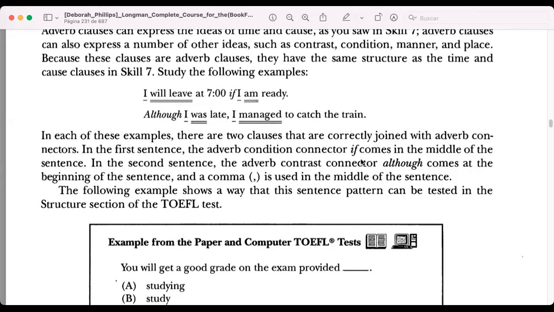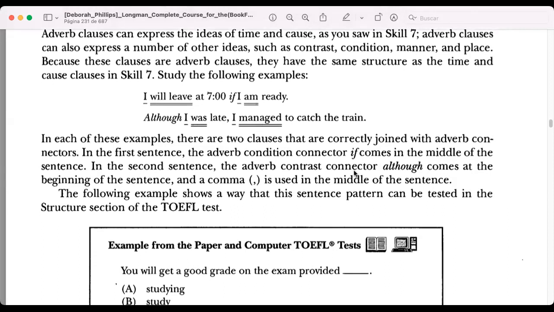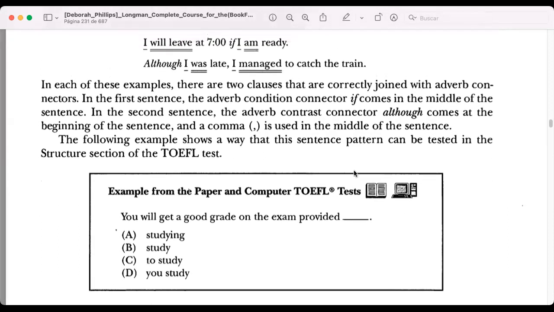As you can see, it's the same idea. We continue with the connectors, other connectors. And let me tell you one thing. We must recognize that this is about contrast connectors. We have this example.